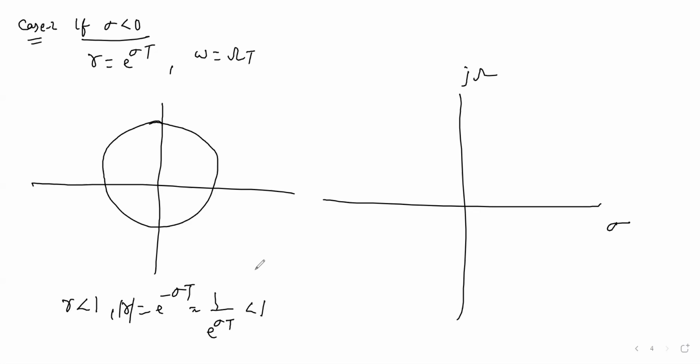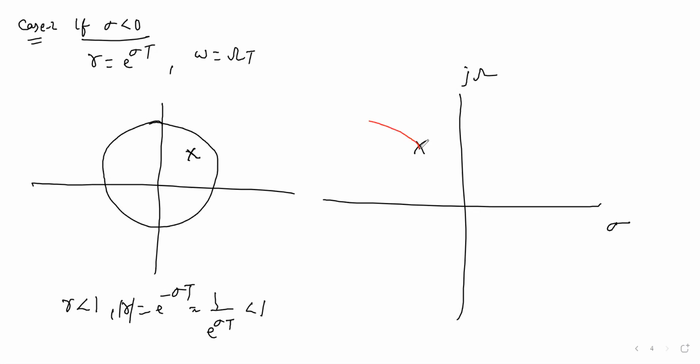What do you understand? Sigma less than 0 means the poles lie on the left hand side, and here you are getting r less than 1, which means the pole is inside the unit circle. Or the pole on the left hand side of the S plane maps to inside the circle of radius r. So this is the mapping.